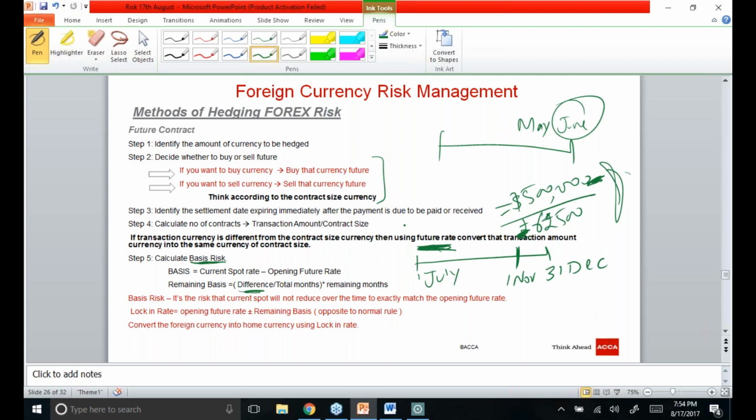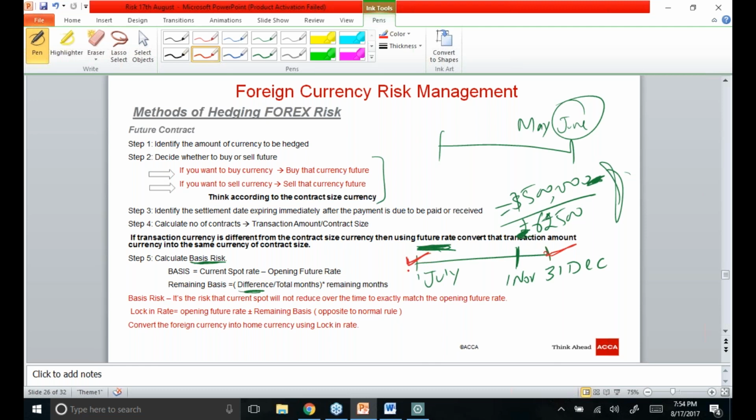The difference between spot at 1st July and the opening future rate of December is called the basis. And it is assumed that this difference will diminish to zero over time. As you move toward December, this basis will reduce evenly over the period of 6 months.